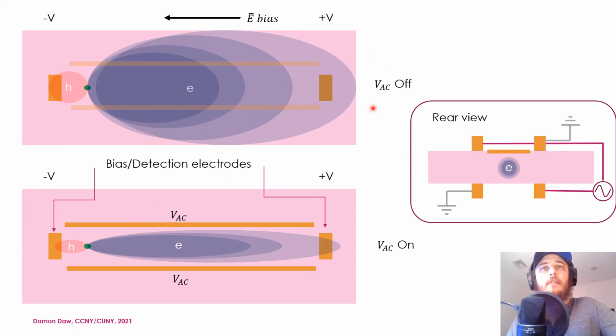If you have the trap or the guide off and you shine a laser right here, you'll get some holes to start propagating this way because you're applying a bias between these electrodes, and you'll pull the electrons this way. But they'll just be freely diffusing and moving in this direction just because of the DC bias. But if you turn the trap on, it should greatly confine their lateral motion. So you'll get a lot more electrons ending up over here near the detecting pad.